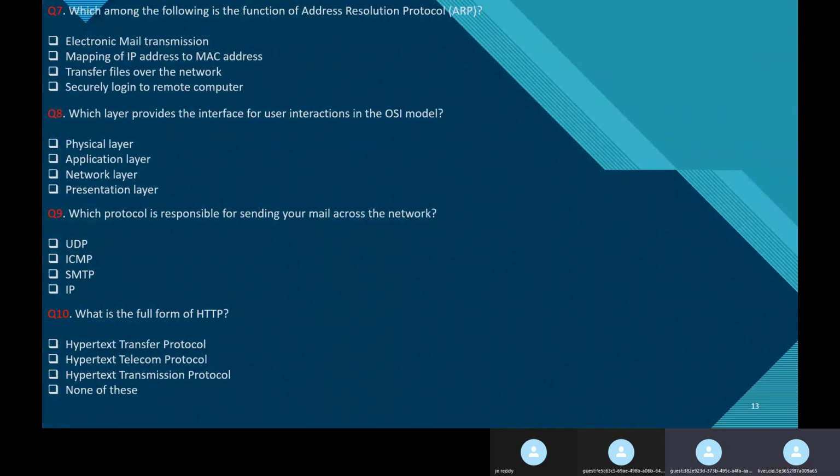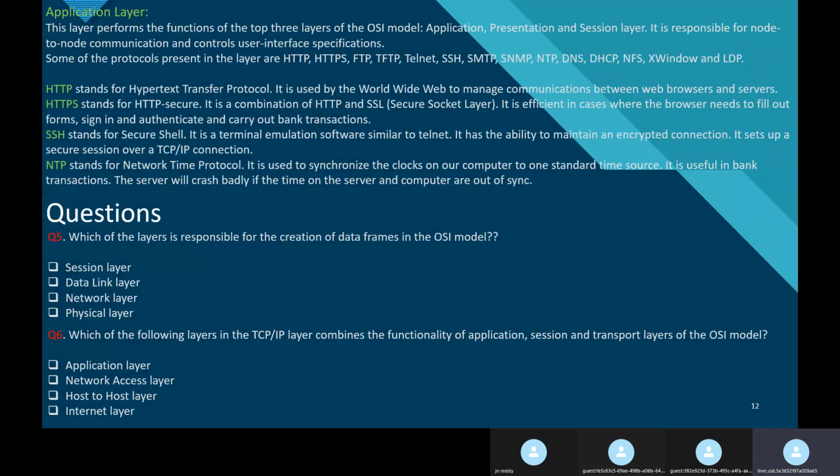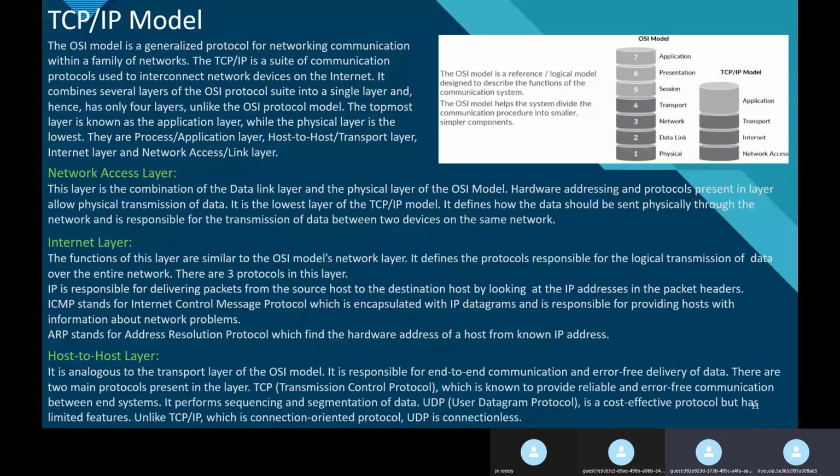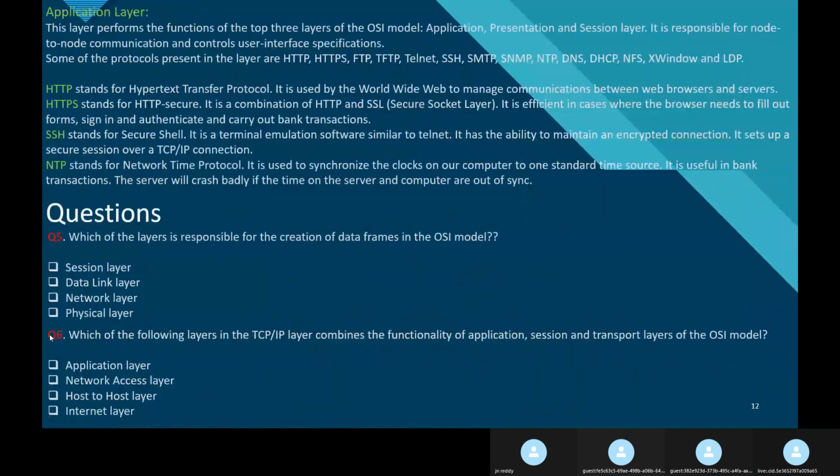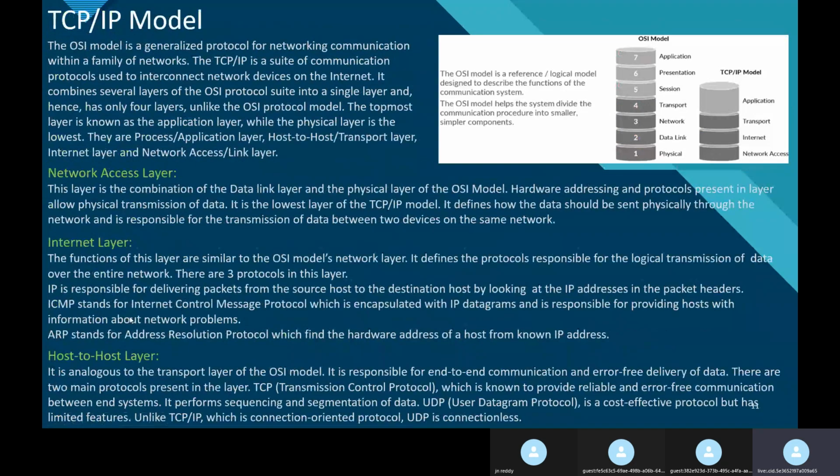Now tell me, which of the following is a function of the Address Resolution Protocol? If you want, I can go back and show you ARP also. ARP stands for Address Resolution Protocol, which finds the hardware address of a host from a known IP address.